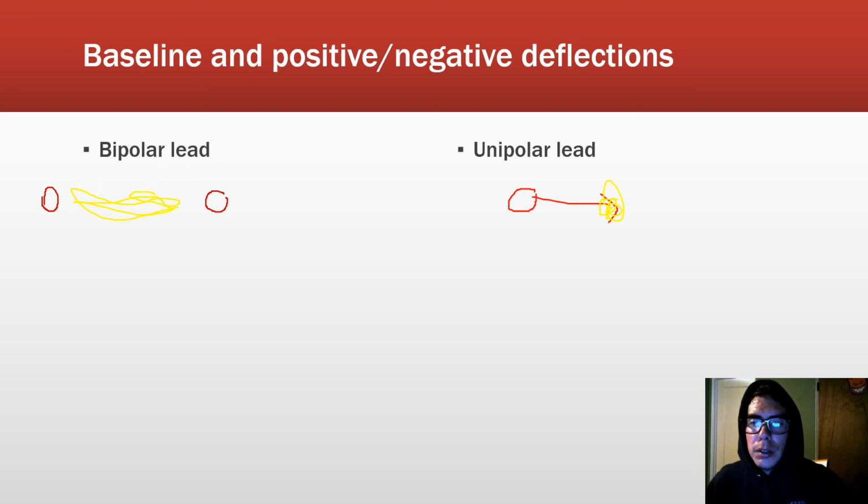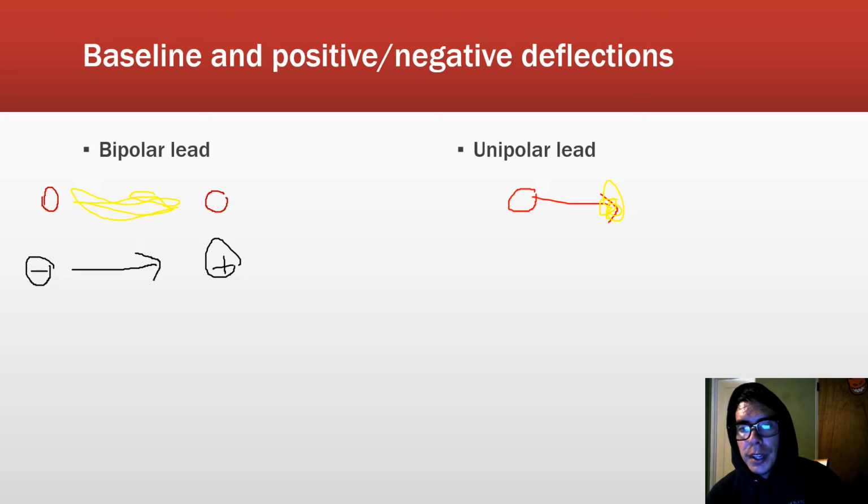So with a bipolar lead, there's going to be a negative and a positive like I showed you on the Einthoven's triangle. So if we have a negative over here and a positive there, if the electrical vector or direction goes away from a negative towards a positive, that will cause a positive deflection on the EKG, on the actual tracing.